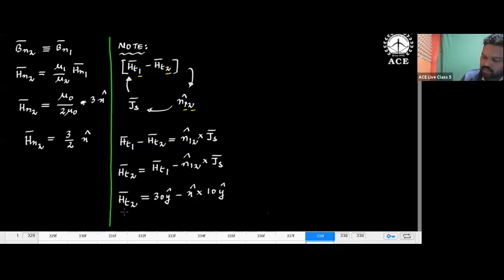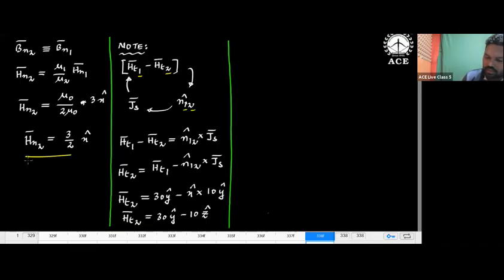So x cross y is z, beta. So here HT2 is equal to 30y cap minus 10z cap. So here it is HN2, here it is HT2.